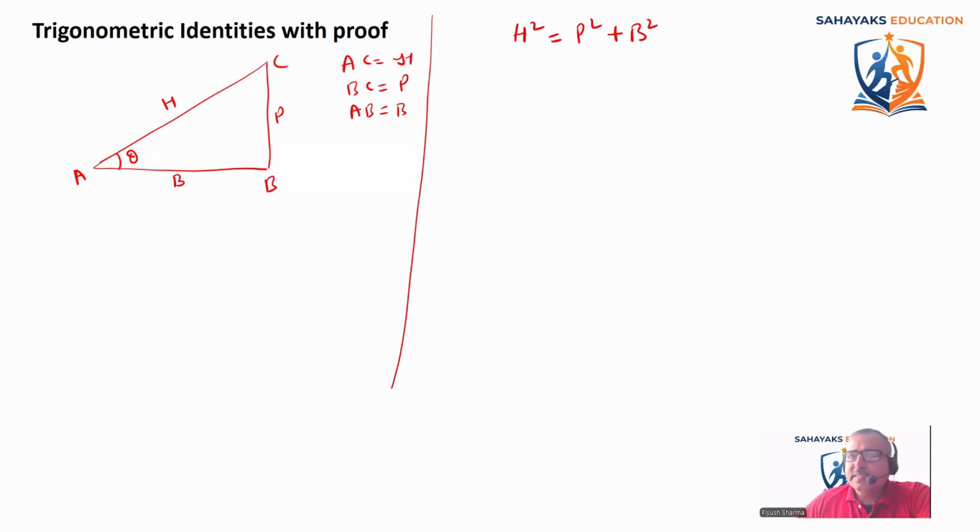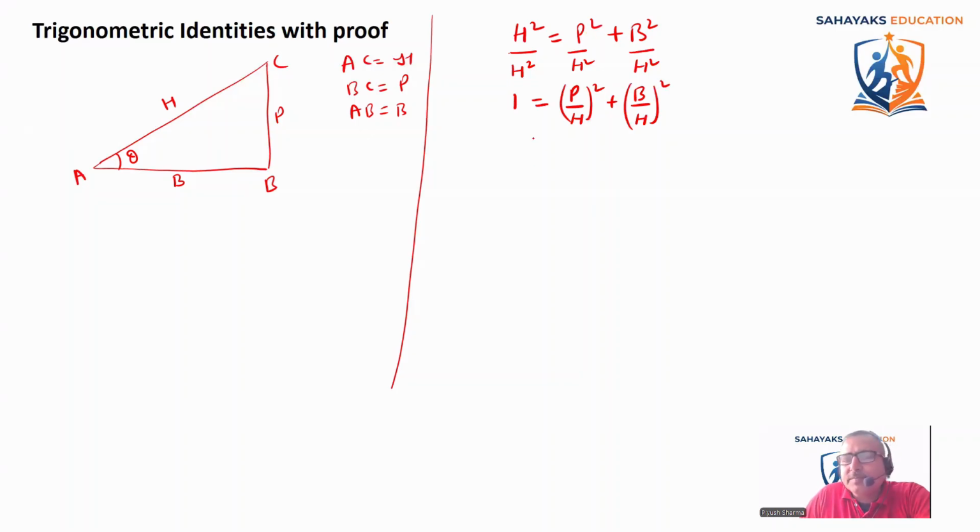If I divide this entire equation by h square, what happens? h square divided by h square becomes 1, which is equal to p by h whole square plus b by h whole square.